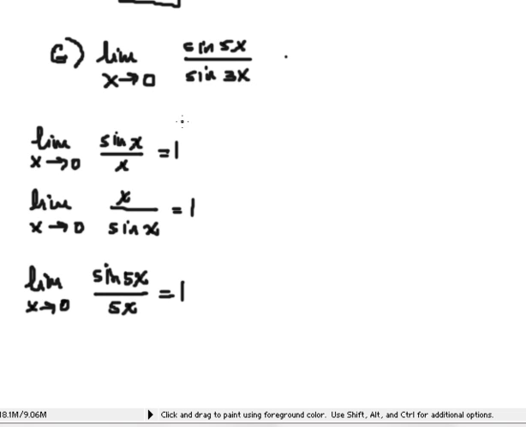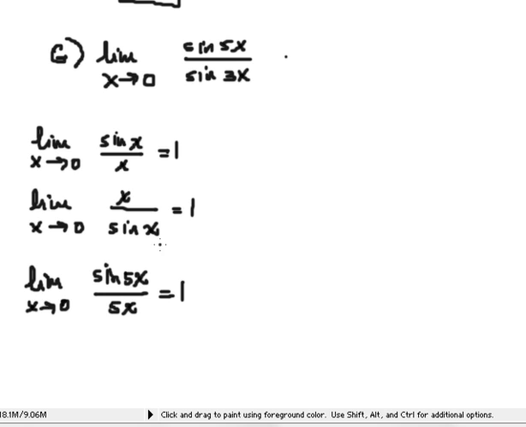Now we're going to use this limit that we showed in class: sine x over x, limit as x goes to 0, is equal to 1. And if we flip that around, we get 1 again, because 1 over 1 is equal to 1.